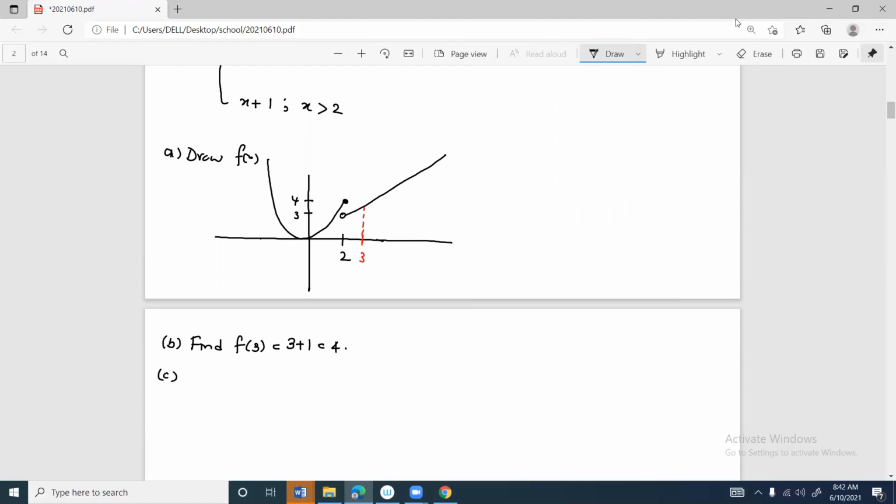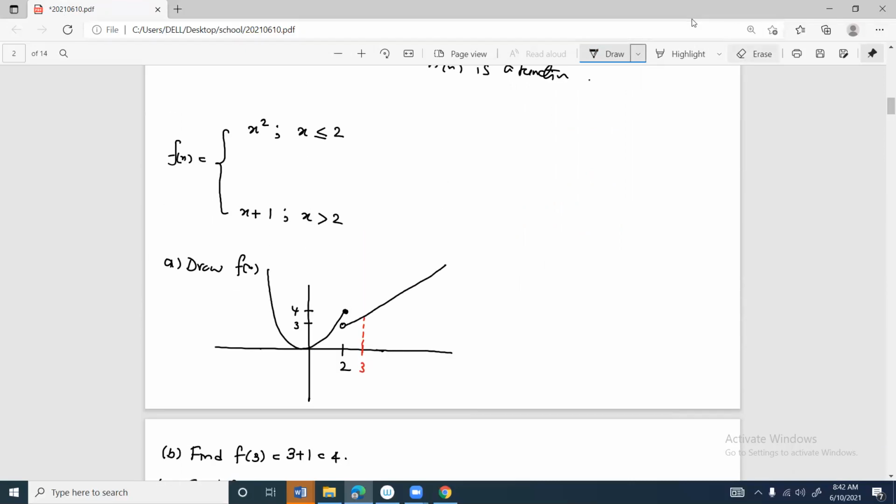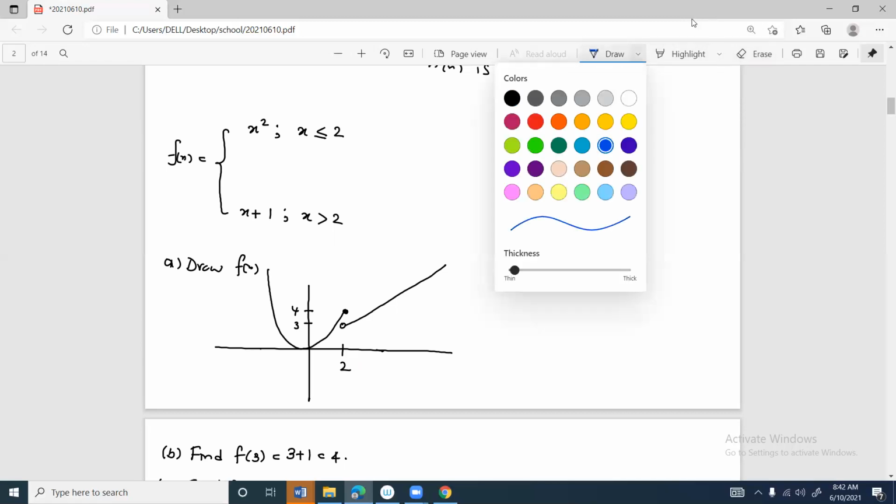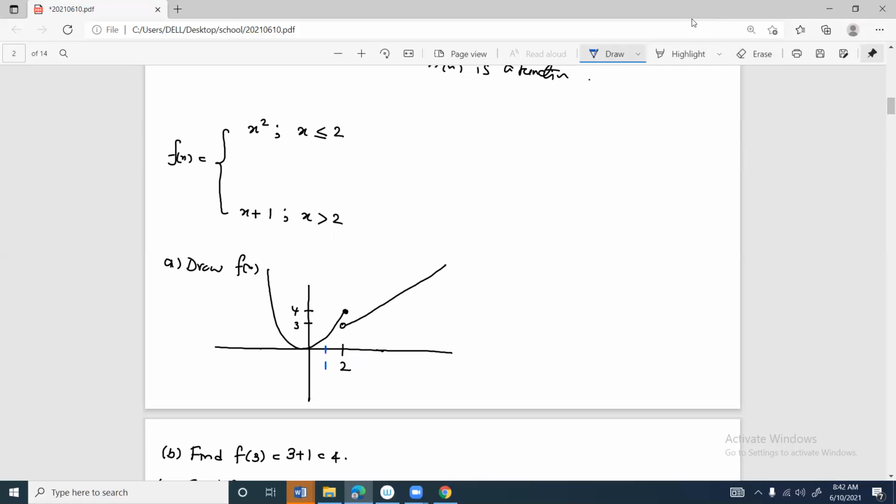C. If I need to find f(1), 1 belongs to which range? I'll just erase this bit of it. You see, we already got the answer from that. Then f(1) is somewhere here, so it belongs to the first function.